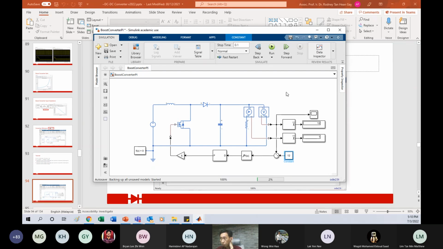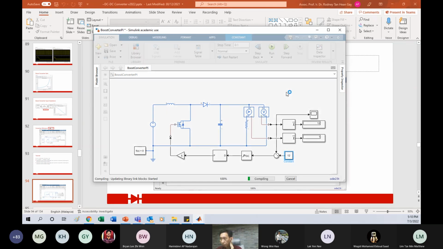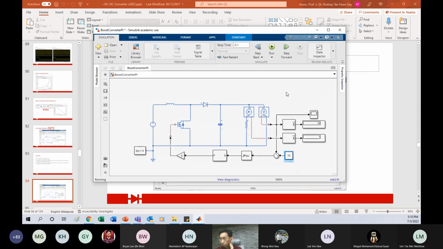When you run for 0.1 seconds, you will have an output of 12 volt. Still running. Yes, it will achieve 12 volt for the output.